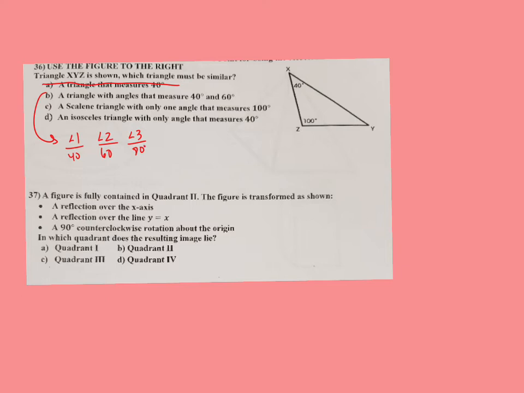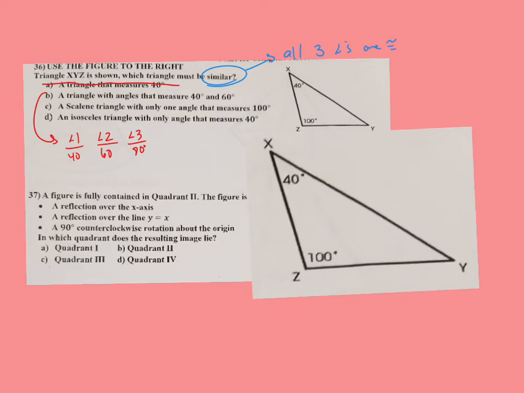And what we have to know, guys, is the rule about similar. Similar means all three angles are congruent. Not the sides, but it has three congruent angles. Imagine I did something like this, right? And then I made it bigger.